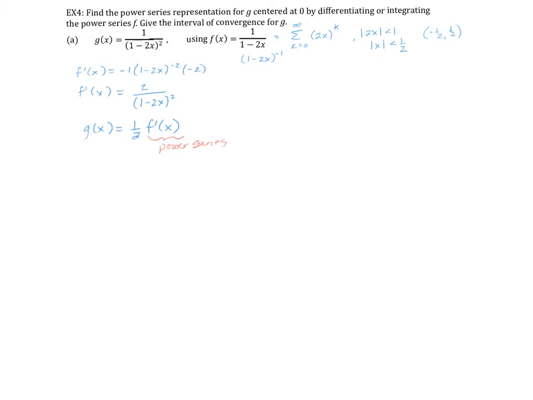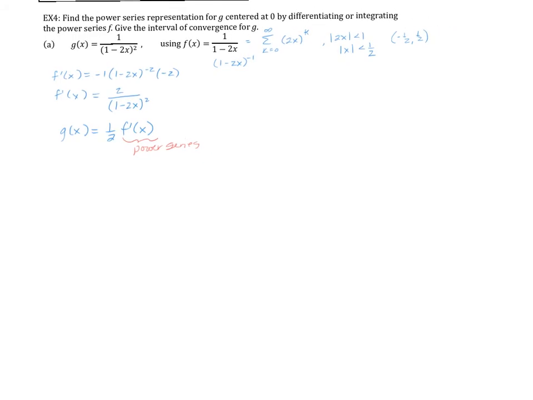Unfortunately, for f, the power series here, this 2 times x, the coefficient on x is not 1, so I can't just simply take the derivative of this series and call that f prime. What I'm going to have to do is expand it out term by term and then see if I can find a pattern to define my series.